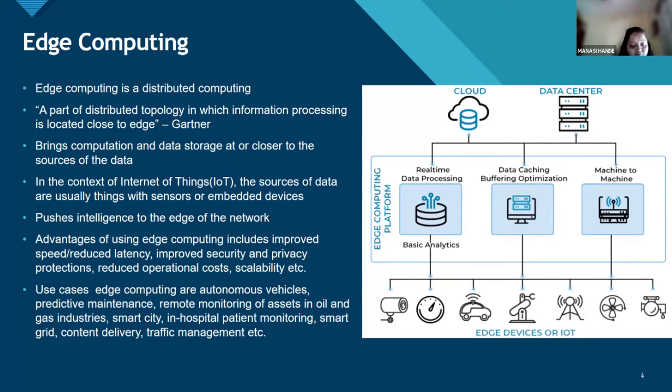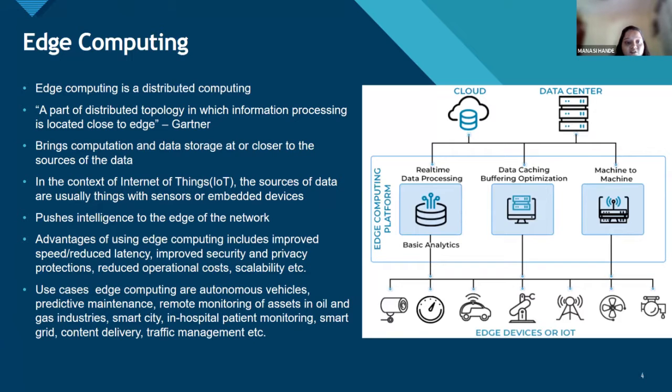In the context of IoT, the sources of the data are usually things with sensors and embedded devices. Edge computing does not rely on cloud computing, and thus it pushes the intelligence to the edge of the network. It does not rely on a central cloud or data center that can be thousands of miles away.